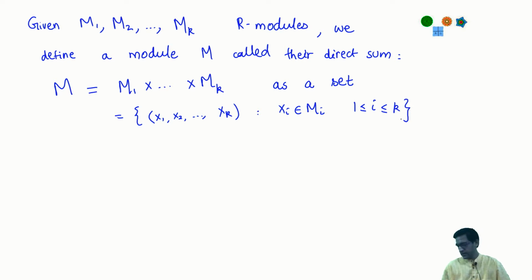We also need to specify how this becomes an R module. This becomes a module via component-wise addition and scalar multiplication.